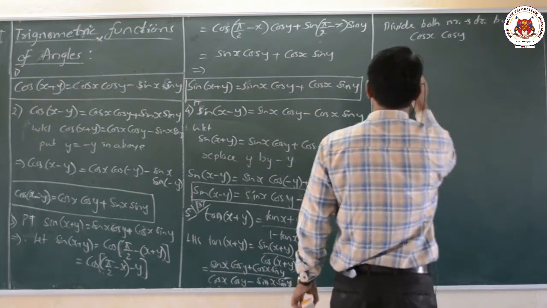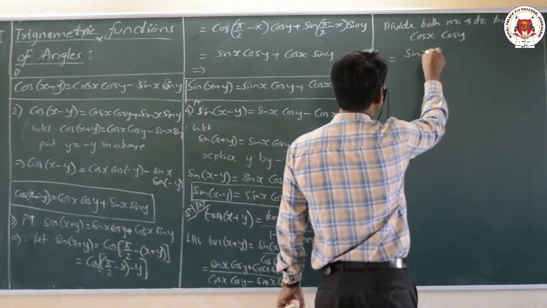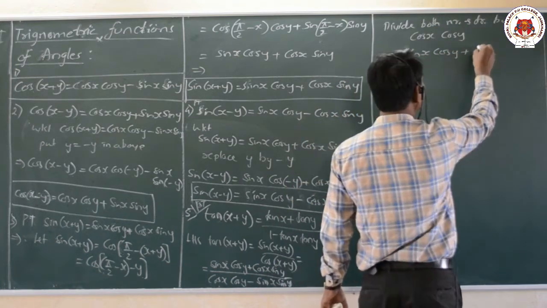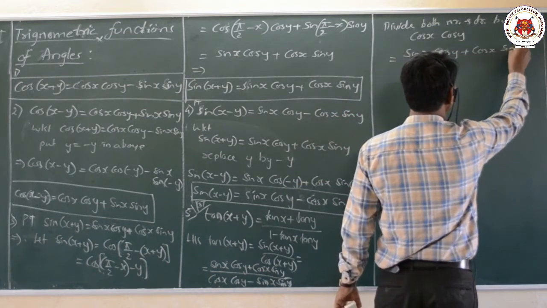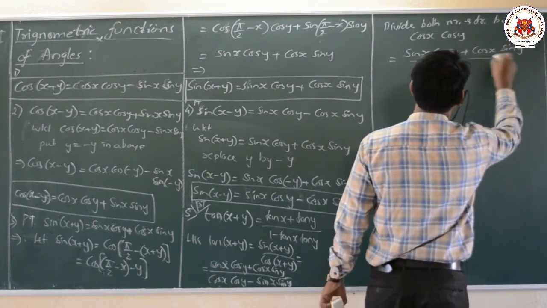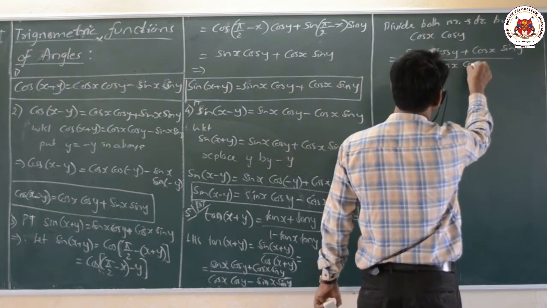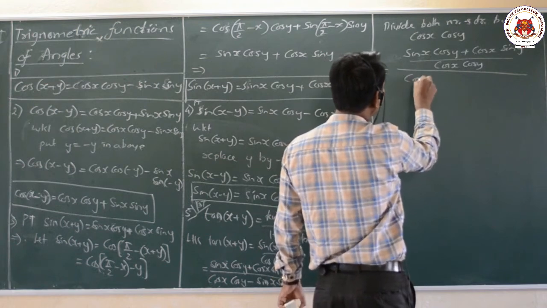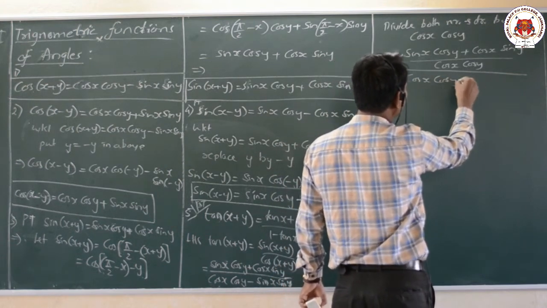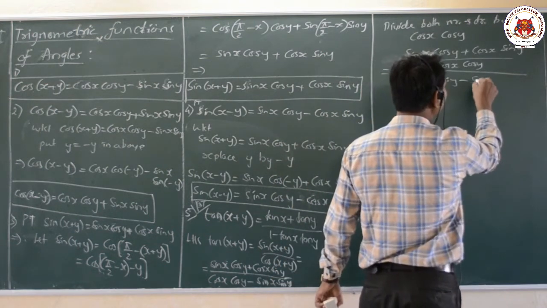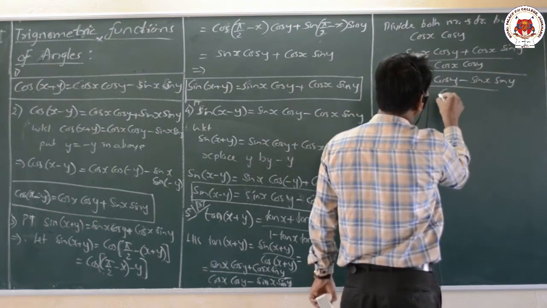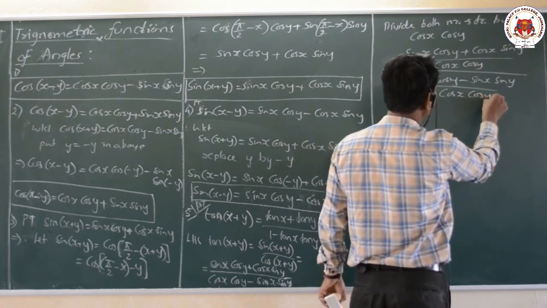So what we get here is sin x cos y plus cos x sin y whole divided by cos x into cos y, whole divided by cos x cos y, minus sin x sin y, also divided by cos x cos y.